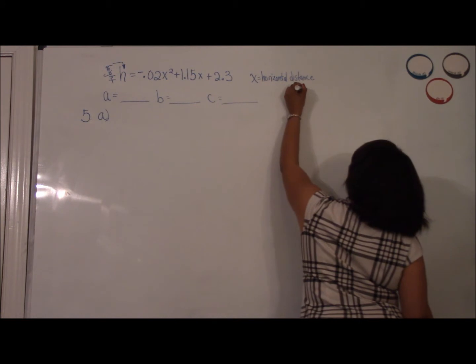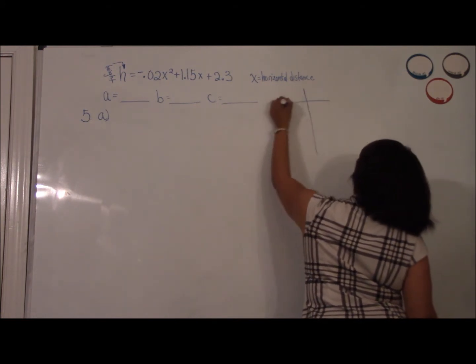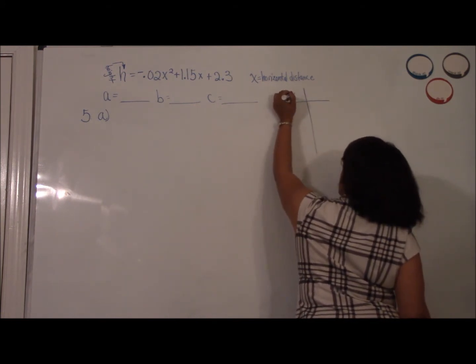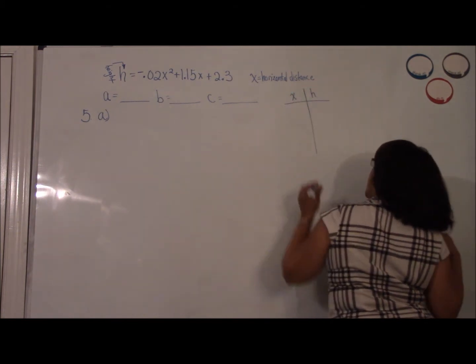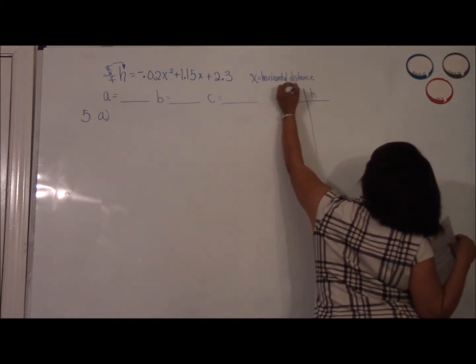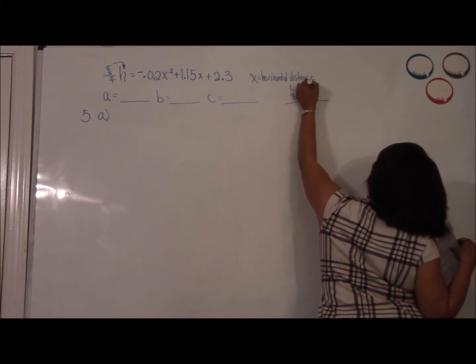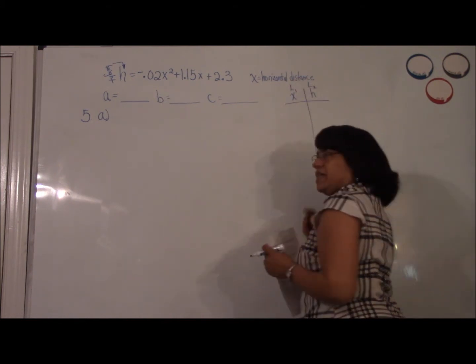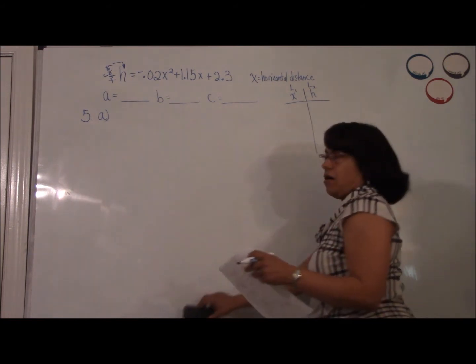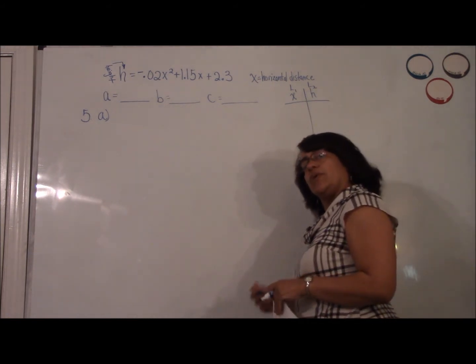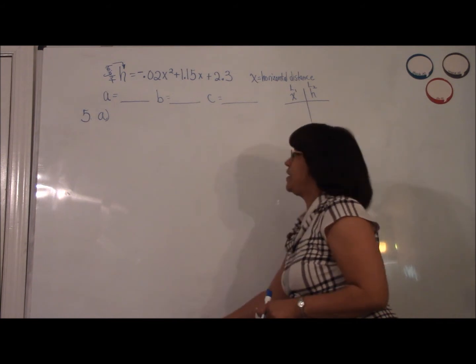Right, the x-axis. So when you're looking at your table, your x is your horizontal and your height is your vertical or your y. So if you were looking at a table, your x would be your L1 and your height would be your L2, if you put your values in. If you're not going to put your values in, then you can just look at your table when you put your equation in y equals, and you can go from there.